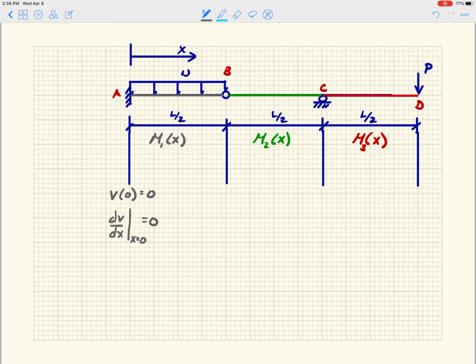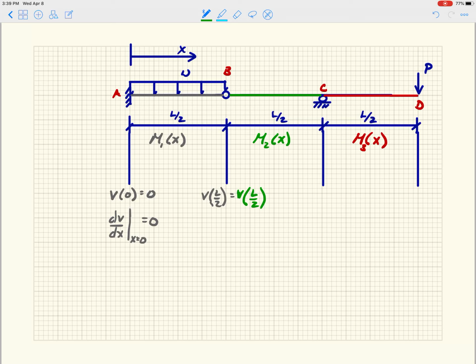Okay, so then at point B, right, now I don't really know anything about this. It's a continuity condition. Again, there's no external support there. It's a moment release, so I cannot say that the deformed shapes have the same slope because they may not, because I'm releasing the moment there, so there can be sort of a kink in the deformed shape. But what I can say is that the V at L over 2 has to equal the green V at L over 2.